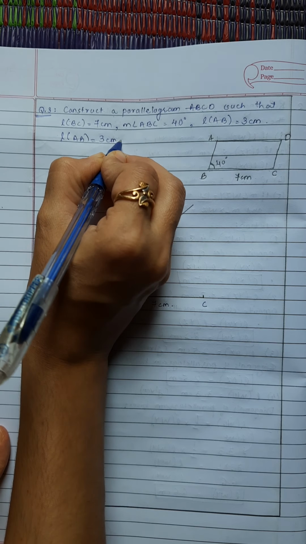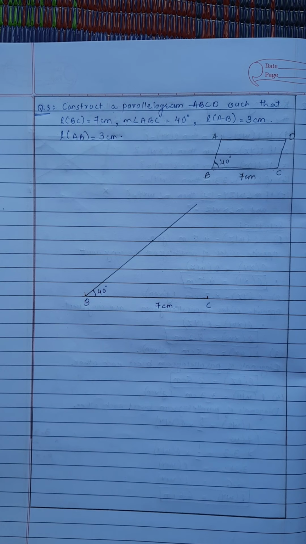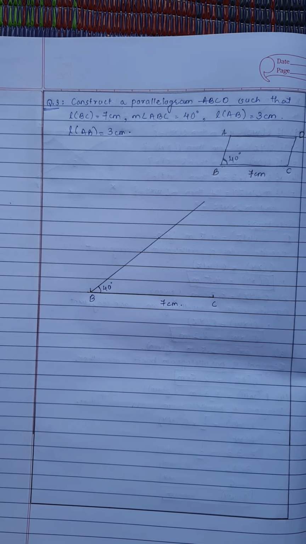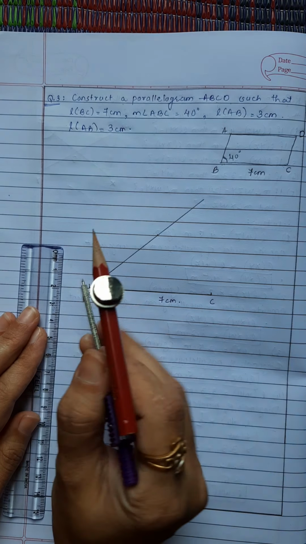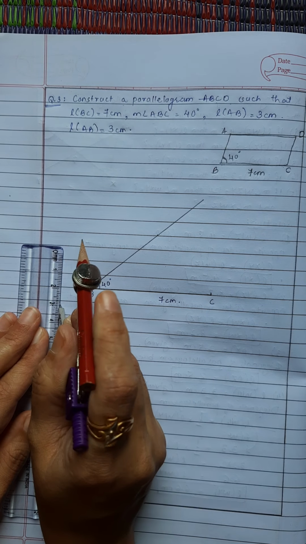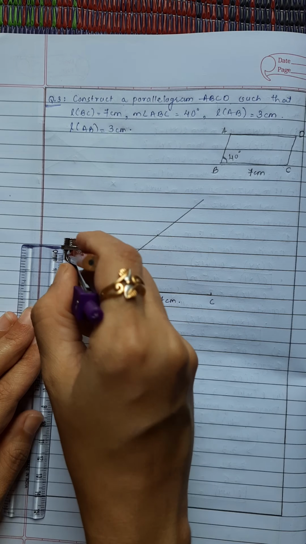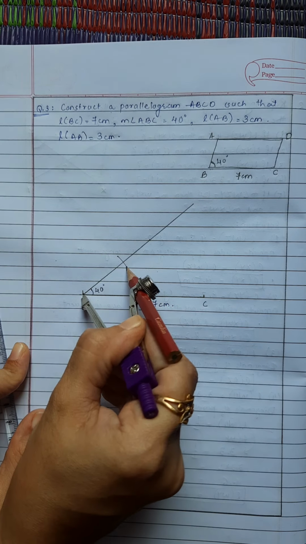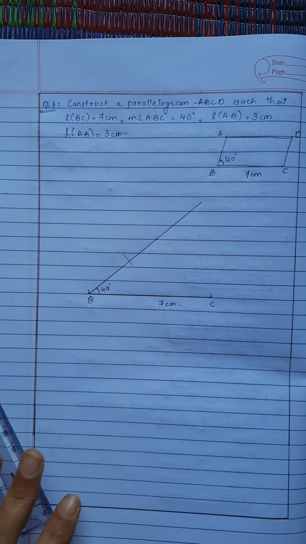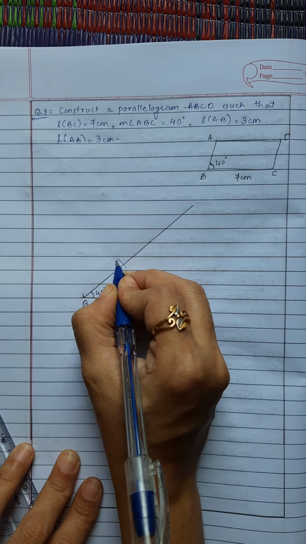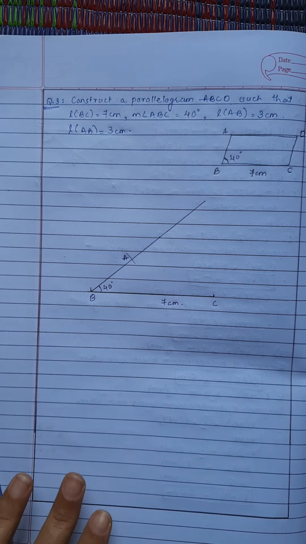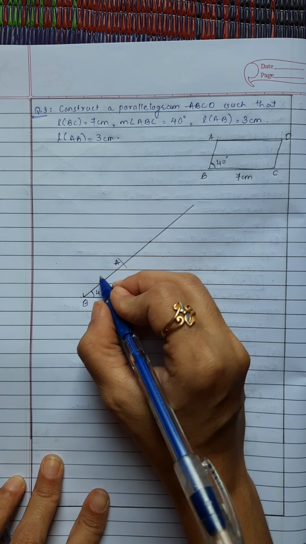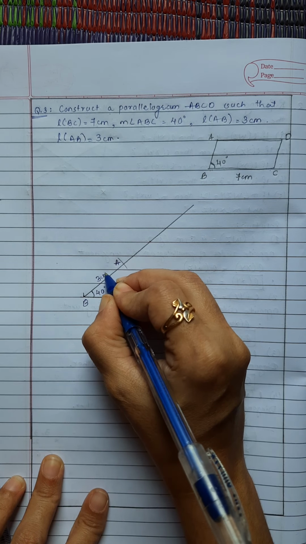Using the compass, you will take 3 centimeters in the compass. Keeping it on vertex B, draw an arc. So the point you got is point A. AB is 3 centimeters. So write it here as 3 centimeters.